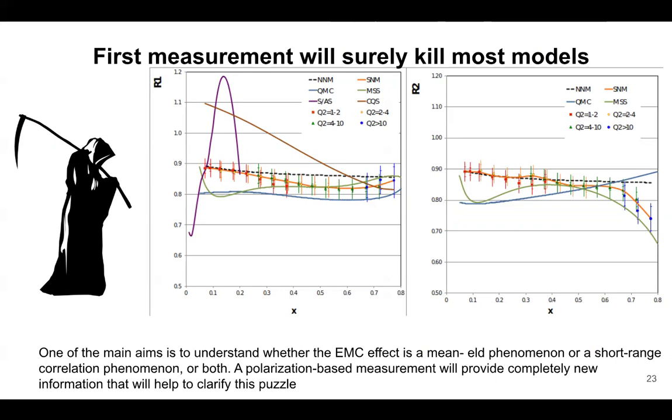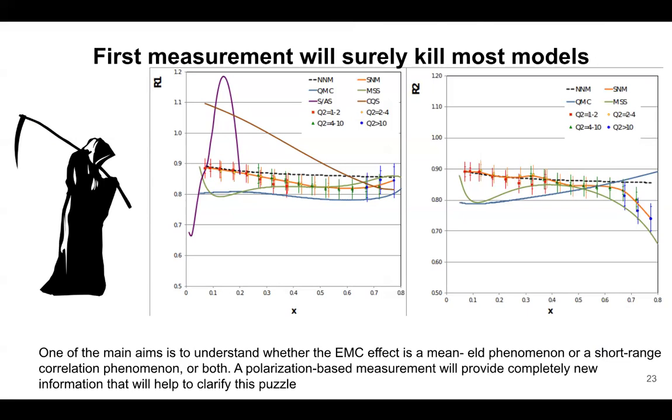One is like a mean field type of approach, where all nucleons are modified somewhat. Whereas there is another category of models, which are the short-range correlation models, in which a subset of those nucleons are modified a lot. And those different categories of models predict different things.